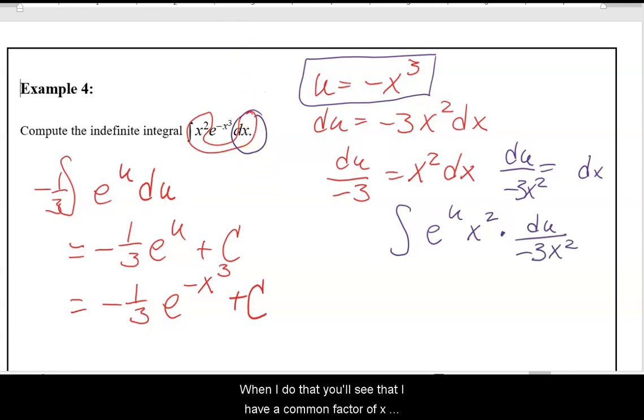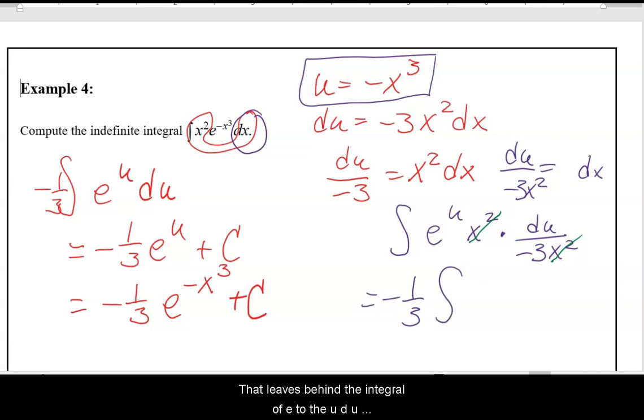When I do that, you'll see that I have a common factor of x squared in the numerator and denominator, so those parts cancel. That gives me my common negative 1/3 factor, which I can take out to the front. That leaves behind the integral of e to the u du, which is the same thing I got with the other substitution.